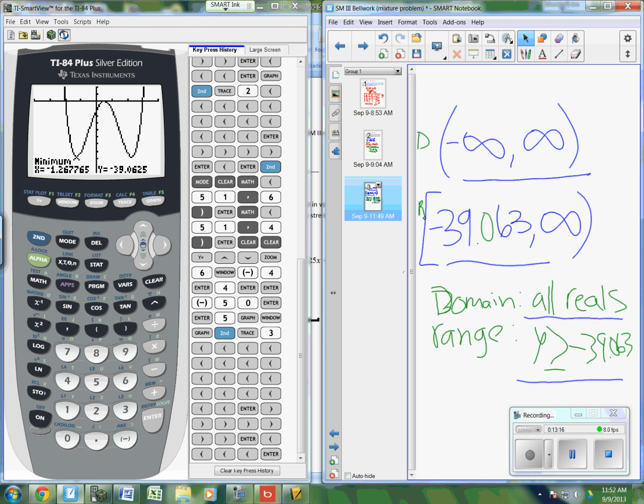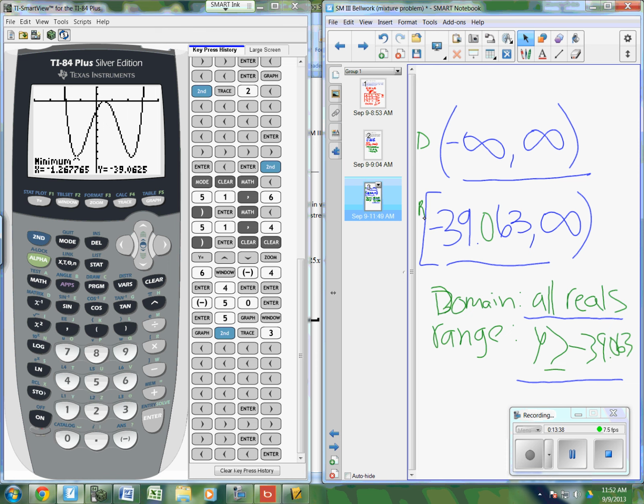And okay, well, we're gonna talk about that right now. The range is all the numbers, the y numbers it takes on. And you'll notice that the lowest point on the graph is negative 39.063, right? It includes that point. If it didn't include that point, we'd put a parenthesis. But since it includes that, we put a bracket to denote that.